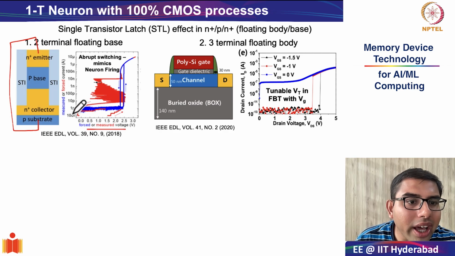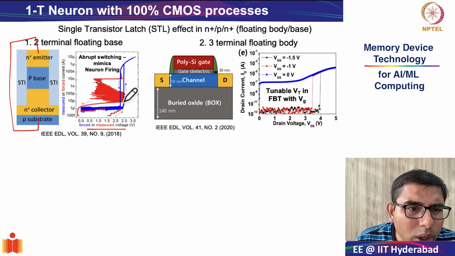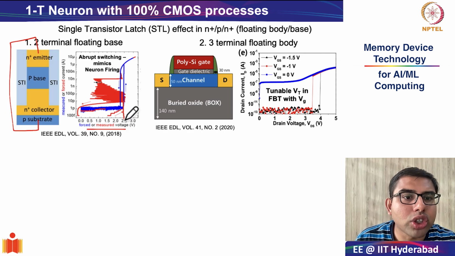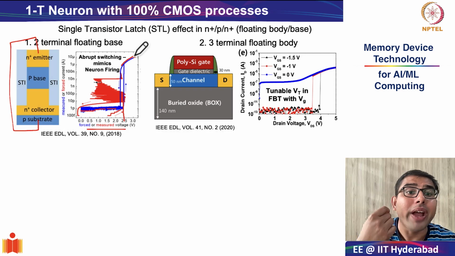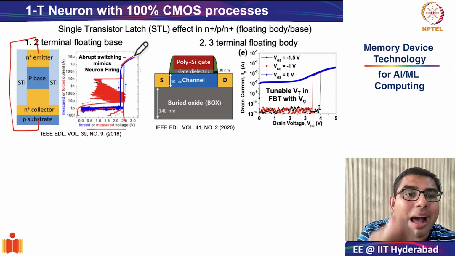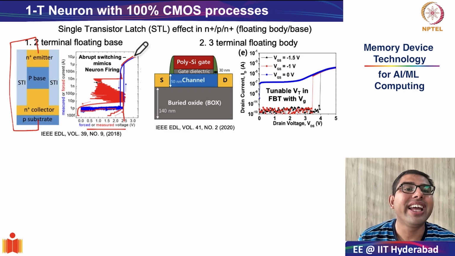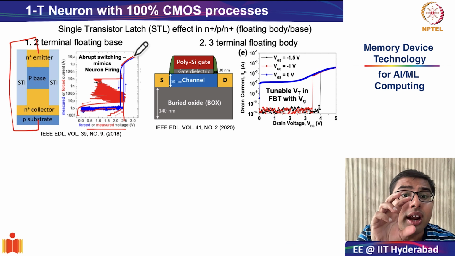It has very low current, 1 picoampere of current. But at a particular voltage, which is called the threshold voltage, you see there is an abrupt change from the high resistance state to the low resistance state. And this is where the switching happens. And this abrupt switching is what mimics neuronal firing.